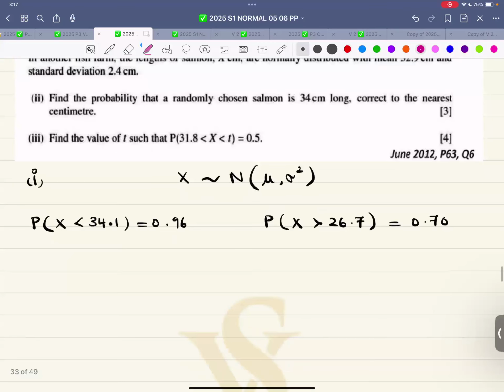Now focus on the signs. There is a lesser sign over here, Z value will be positive. There is a greater sign over here, Z value will be negative.